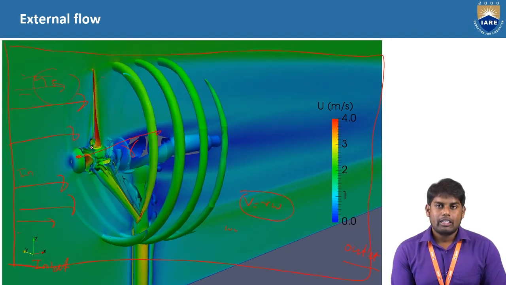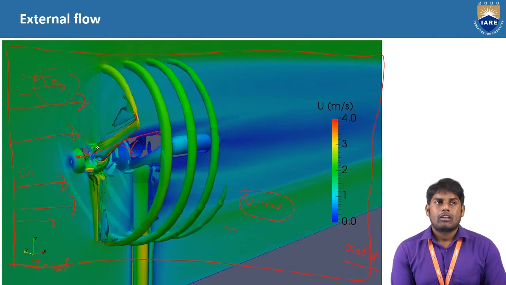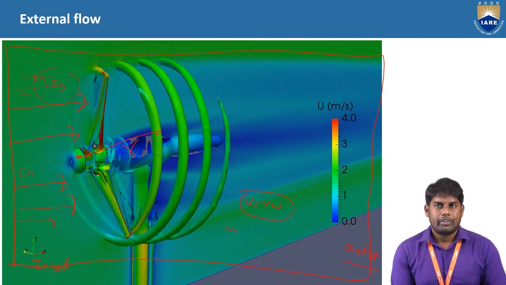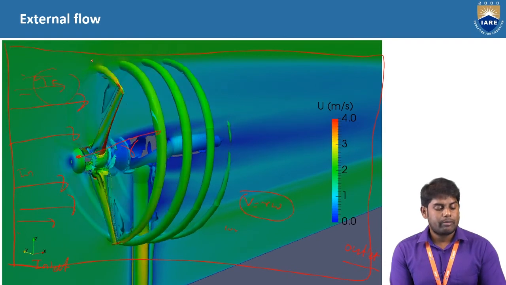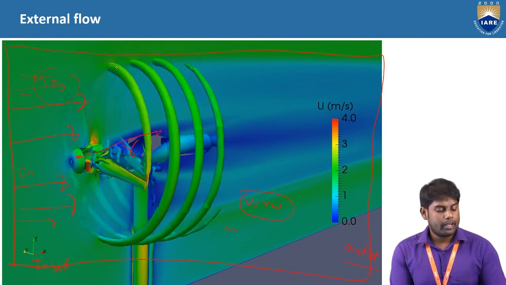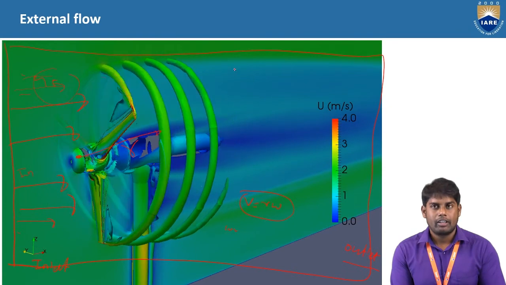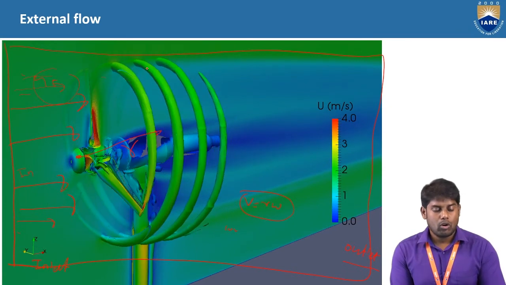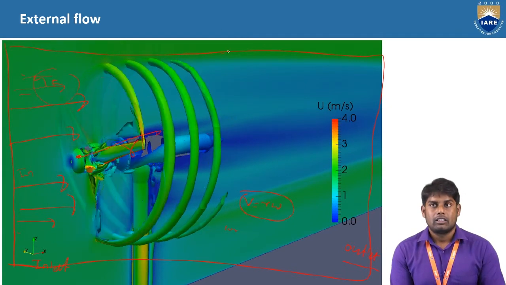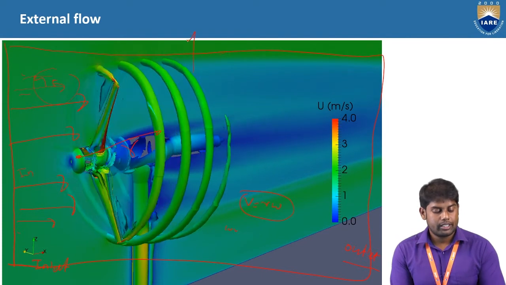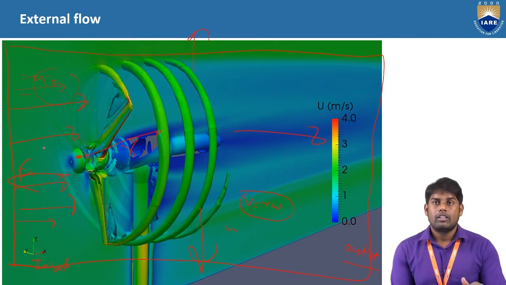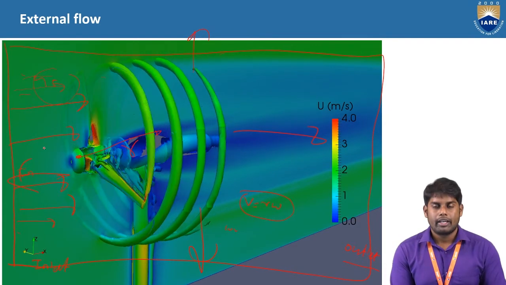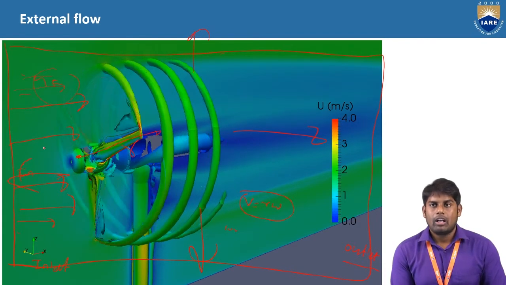It will exert some force, and the air also will exert force on the wind turbine. Therefore, the disturbance propagated before and after the wind turbine will extend to very high lengths, in this direction, and this direction, and this direction. The disturbance is propagated in all directions, and to a large extent.